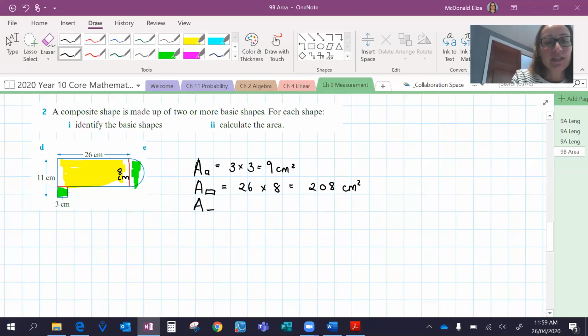Area of the semicircle is going to be the area of a normal circle, which would be pi r squared. But then we've got to halve it, so multiply by a half. So if we put that into our formula, r is the radius. So it's actually half of the diameter there.